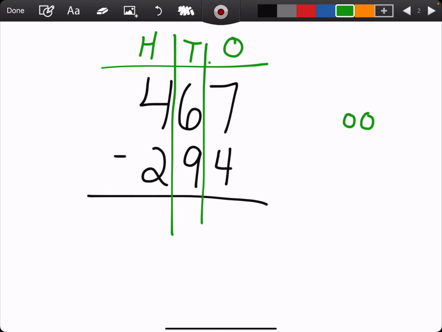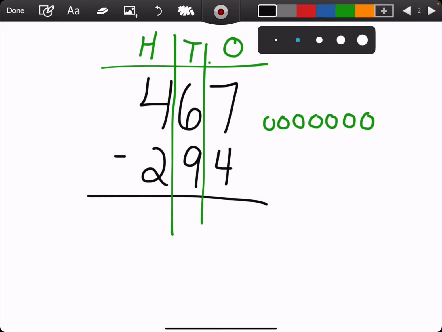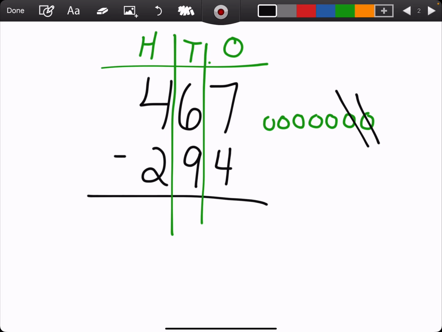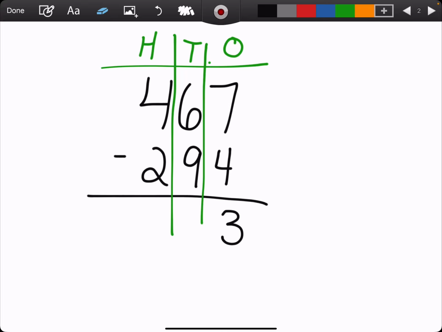So if I had 7, or 5, 6, 7 in my ones place, and I need to get rid of 4. 1, 2, 3, 4. I have 3 left. So I am able to do 7 minus 4. All right? If you need to do that, you can. So I'm going to erase that right here.